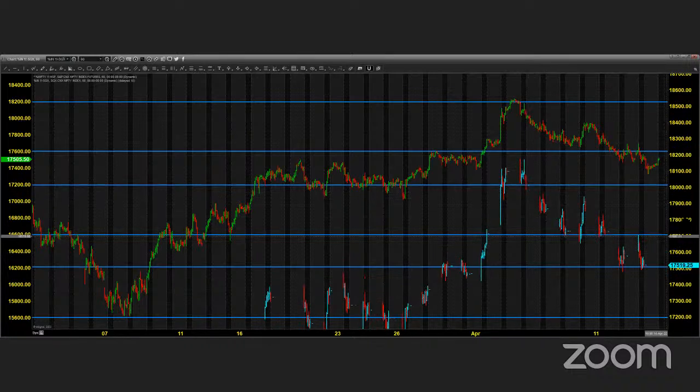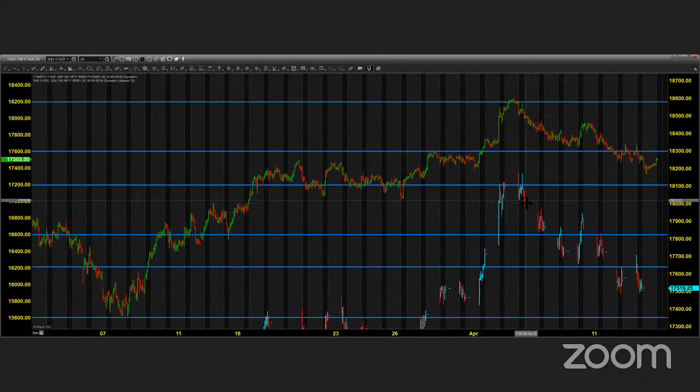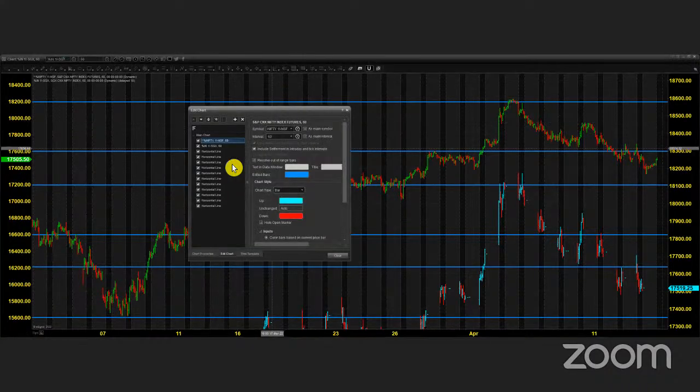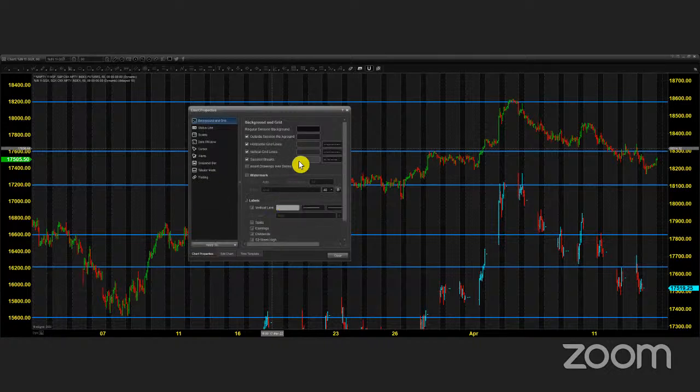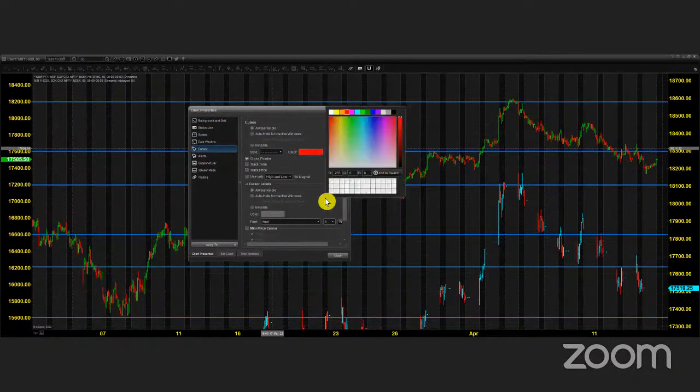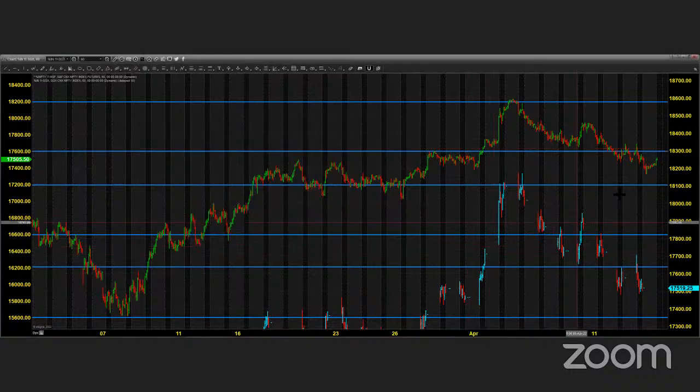You can see in the last 3-4 trading sessions, the market closed here, and I will edit my cursor so that you can have some visibility. So here you can see the price closed here and the next day the market opened here, and most of the time between the closing and the next day's opening there is always some gap.